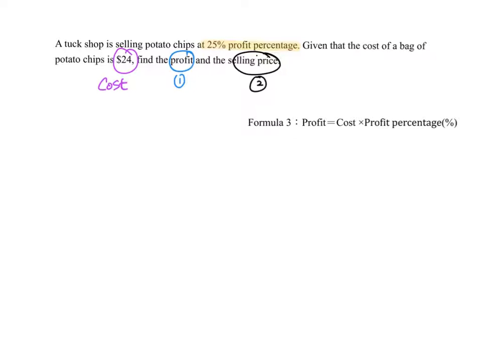We can find the profit by using Formula 3. The question gives us the profit percentage and the cost. So we just substitute these two values into this formula, 24 times 25%. Then we can get the profit.